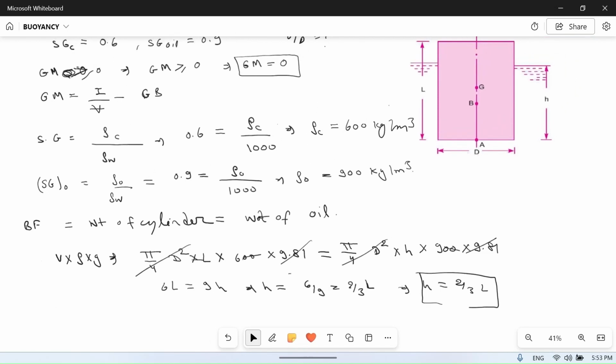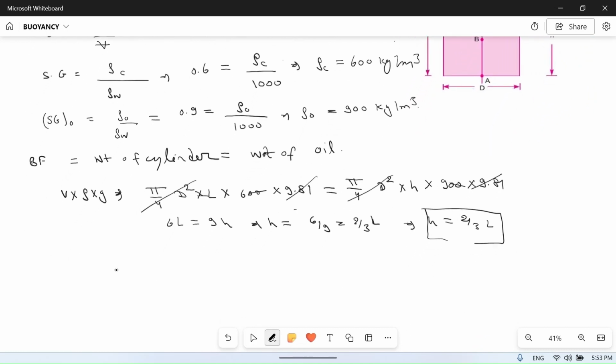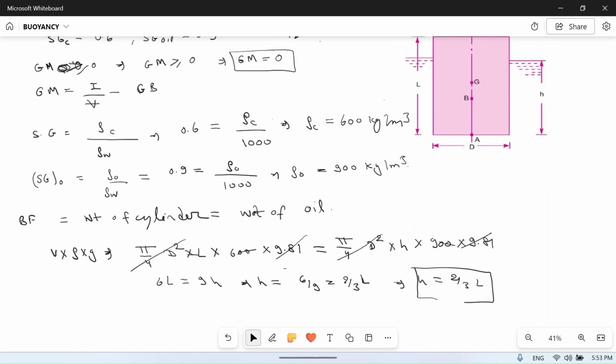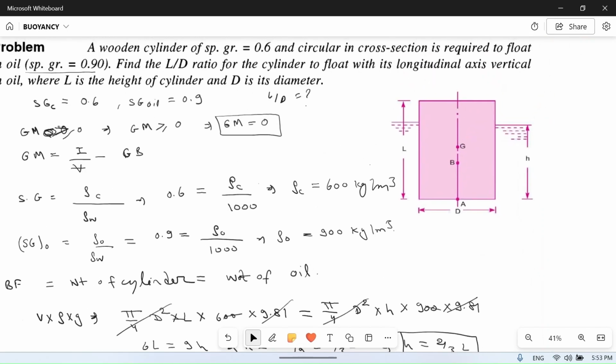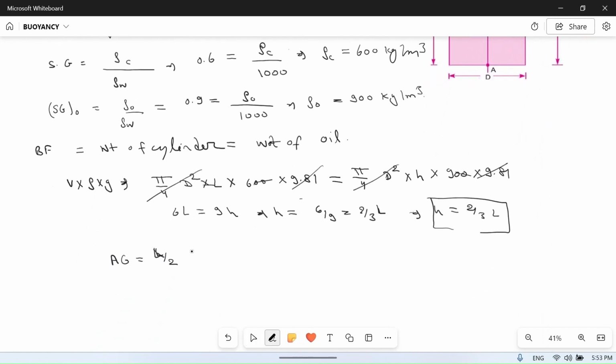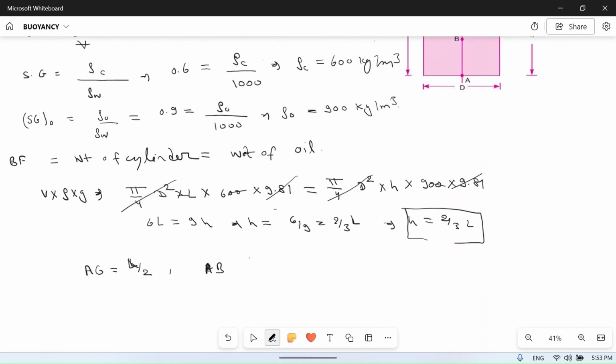Now what will be the center of gravity of this whole cylinder? Center of gravity of cylinder G, if you calculate from A, then AG will be height of cylinder divided by 2. So height of cylinder is L, so here L divided by 2, and similarly AB, center of buoyancy distance from A, is equal to small h by 2, which is 2 by 3 L divided by 2, so it will be L by 3.